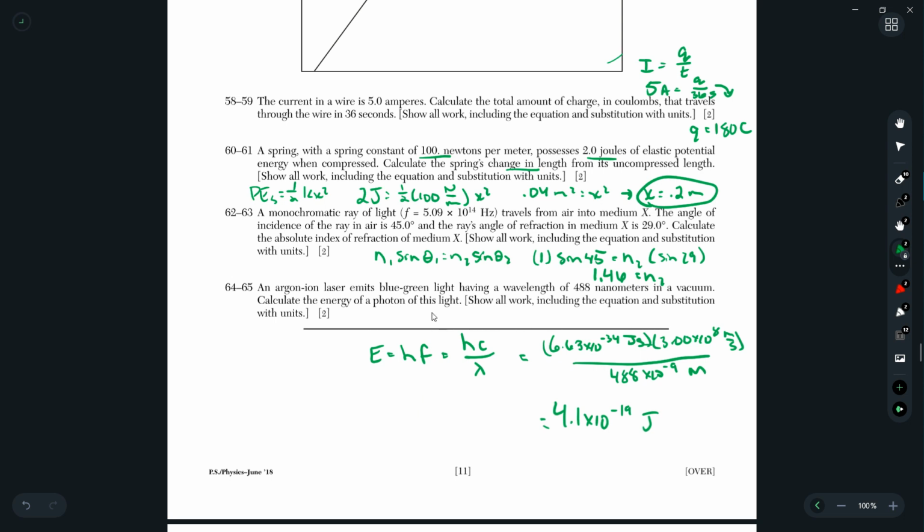My exponent might be off, but I don't think it is. Sorry, double checking my answer key. Yeah, 4.1 to the negative 19. They said 4.08. 4.1's fine. All right, we move on.